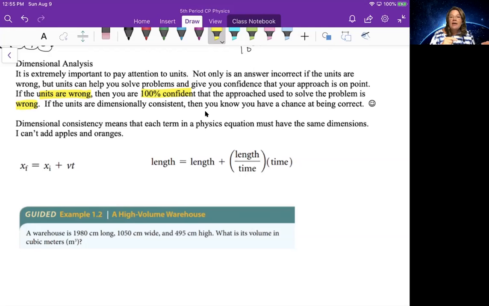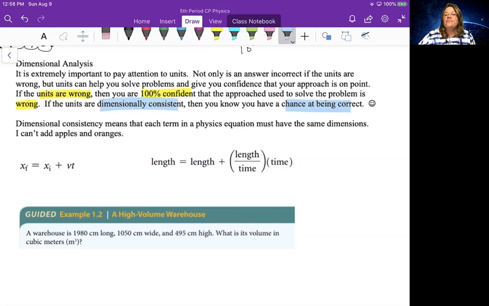So go back and figure out what equation you did. Did you use the wrong equation? Did you do a math error? If you find your units are wrong, you know you are incorrect, and you might as well go back, or else you're not gonna get the points. If the units are correct, guess what? You have a chance at being correct. You have a pretty good chance. You don't know for sure, but at least you know that you have a decent chance of being correct.